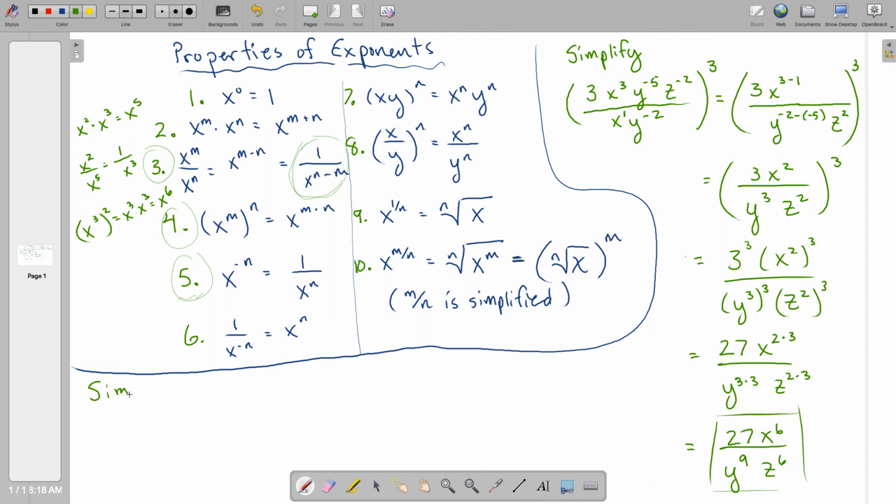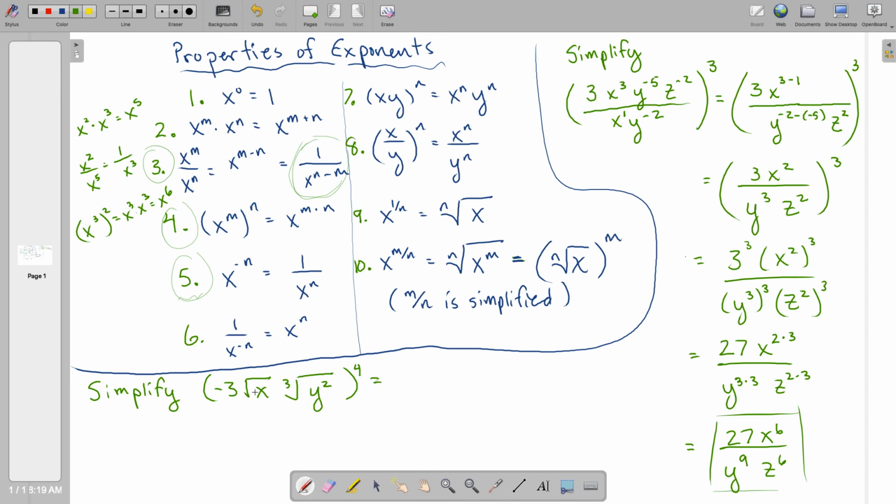Let's simplify -3 square root of x cube root of y squared to the 4th. Okay, so if this is what we have, remember that we can transfer this into exponent language so that I can use my exponent properties.